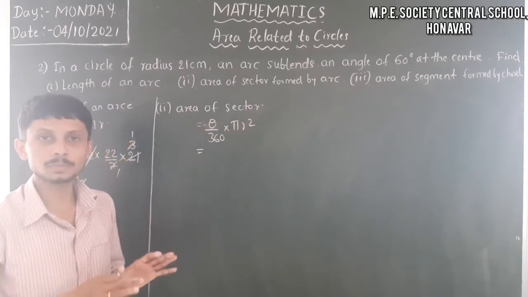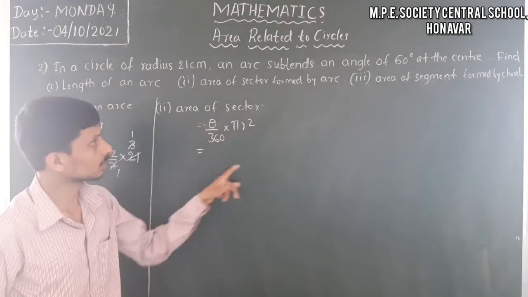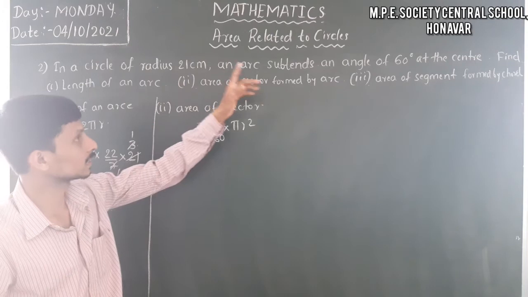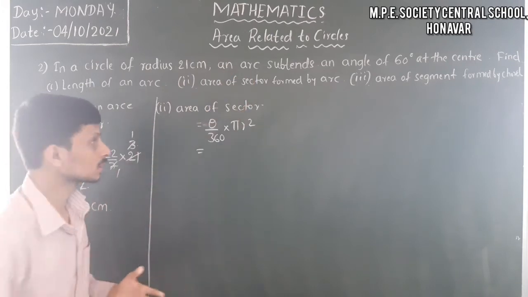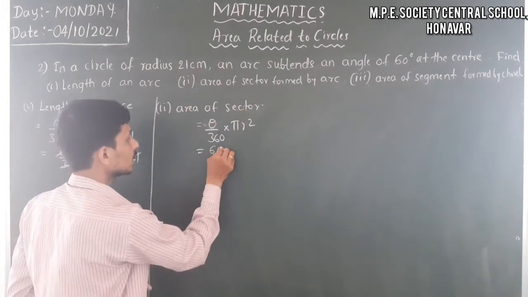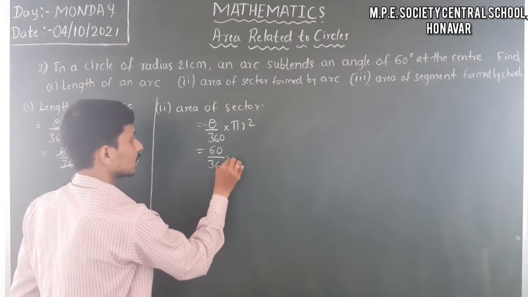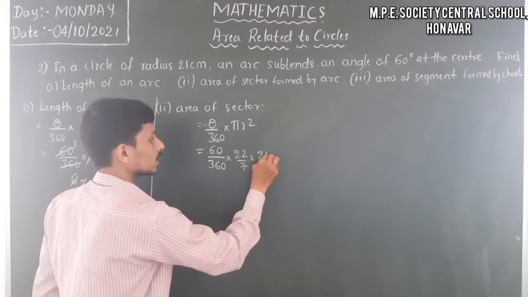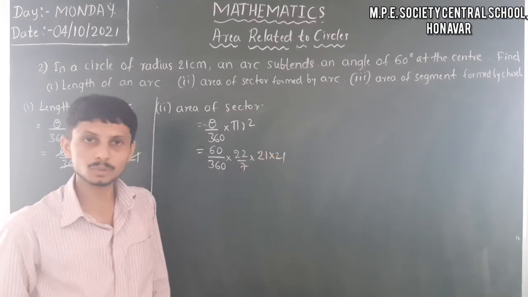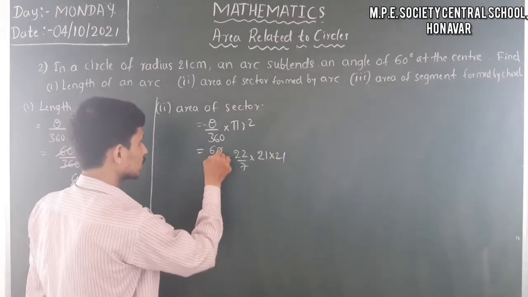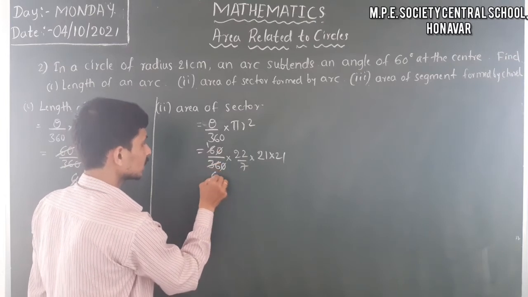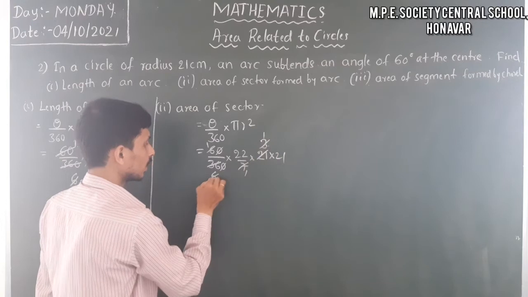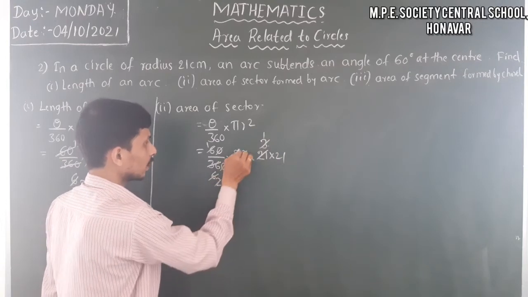Simple, just substitute the formula and apply all the known values, whatever the radius and the theta given. That is 60 degree divided by 360 into pi, which is 22 by 7, and r square is 21 into 21. Then 6 into 6, 7 into 1 and 7 into 3, 3 into 1 and 3 into 2, and 2 into 1 and 2 into 11.